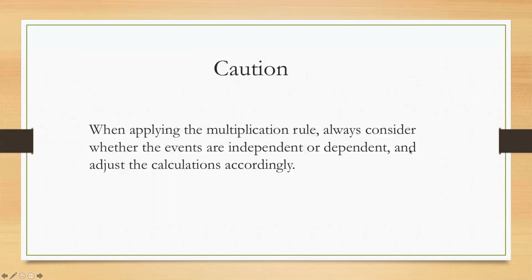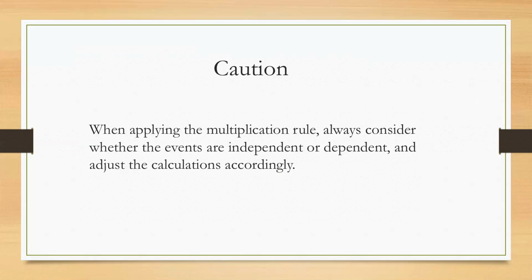A note of caution, always consider whether the events are independent or dependent. If they're independent, then that means that the probability of the first occurring does not impact the other. So the probability, for example, you trip and the probability the sky is blue. They seem independent, right?